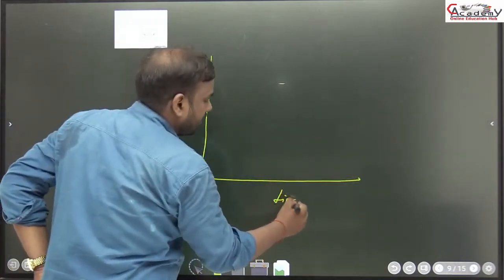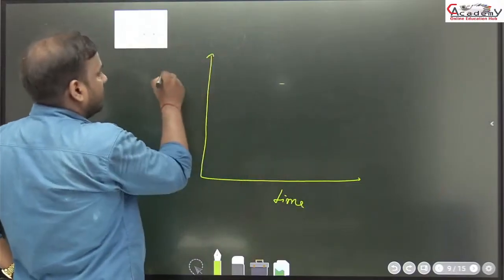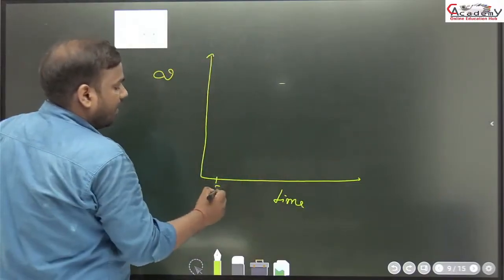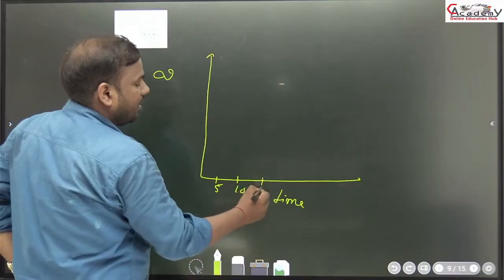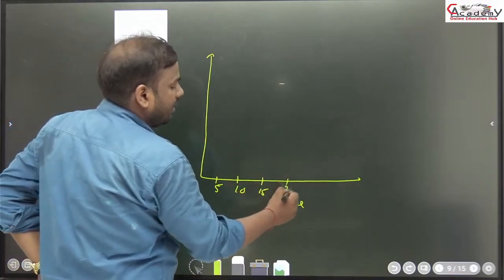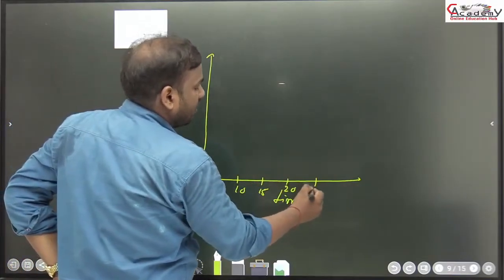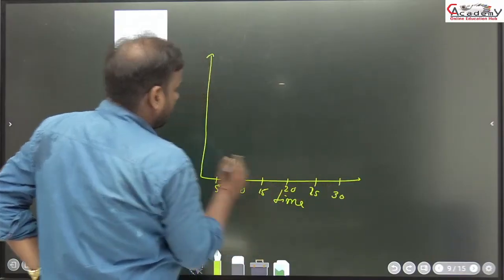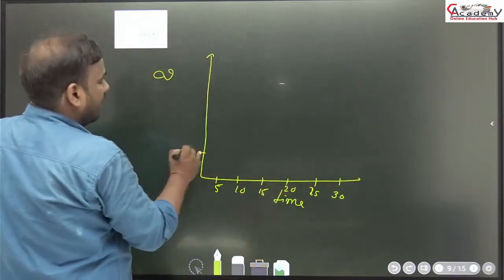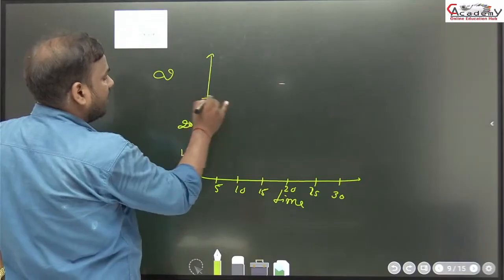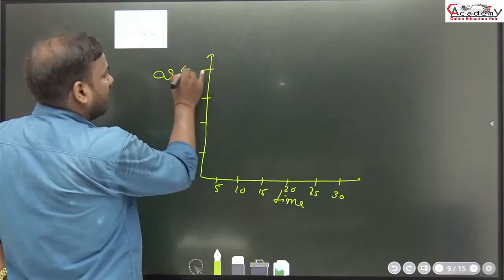Time, and that is the velocity. Okay, 5, 10, 15, 20, 25, 30. Here velocity 10, 20, 30, 40.